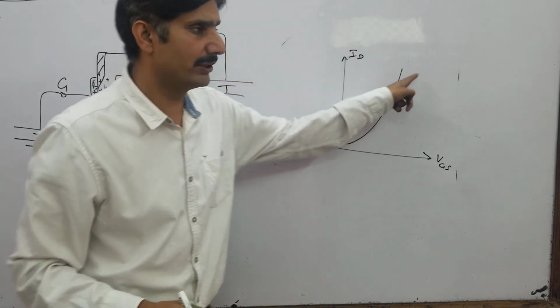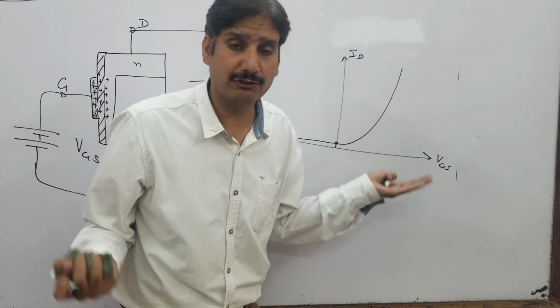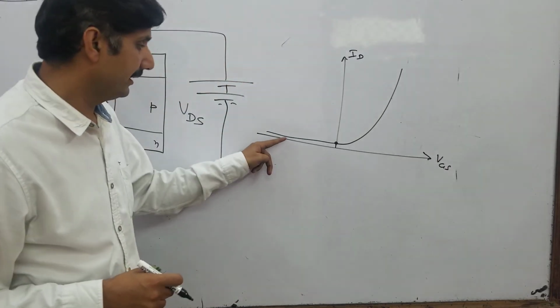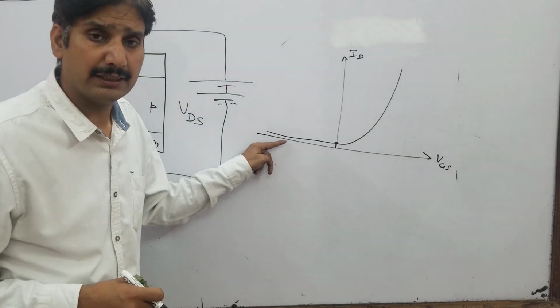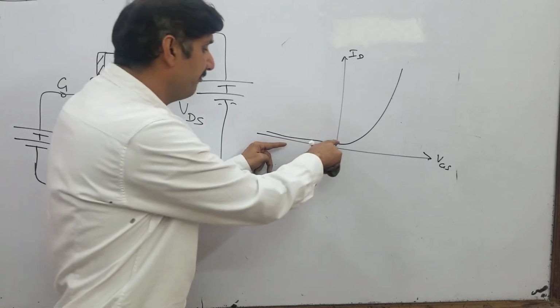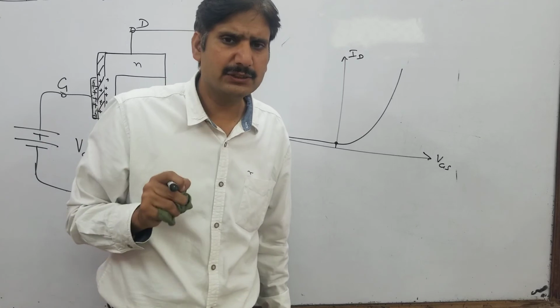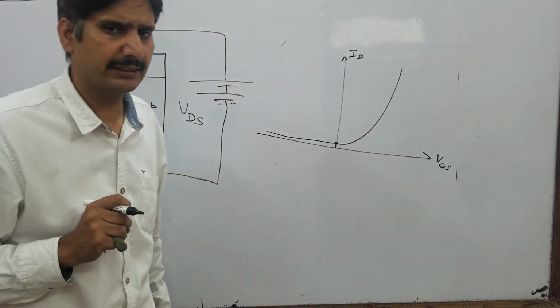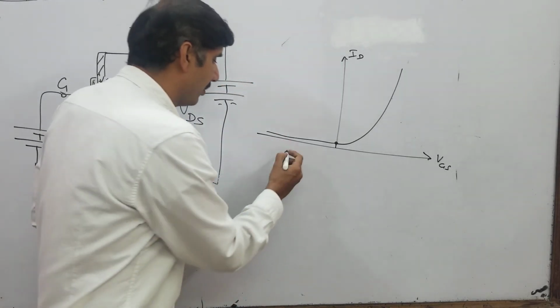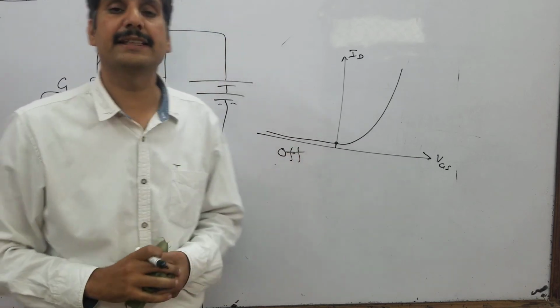The enhancement mode is there as it was there for depletion type, but in the depletion mode there will be very little current flowing. That little current is only because of minority carriers, and normally it is off in this region.